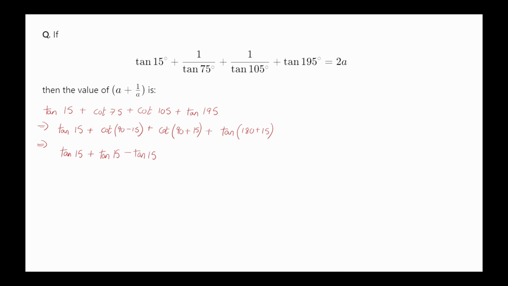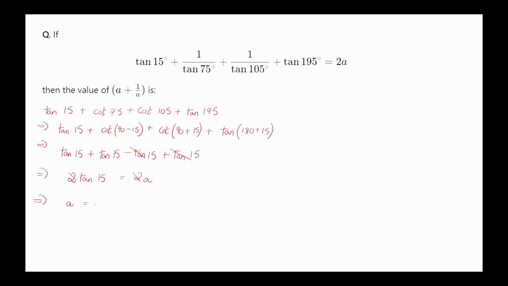In the third quadrant, as per the CAST rule, tan used to be positive, so this can be written as plus tan 15. So minus tan 15 plus tan 15 cancels out, and we have 2 times tan 15 left. They've told us that this is equal to 2a, so 2 and 2 cancel out, and we have a as tan 15.